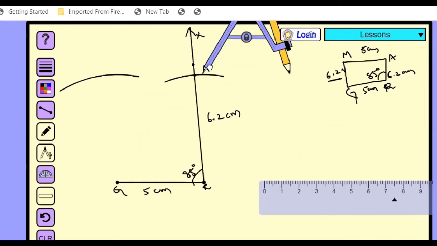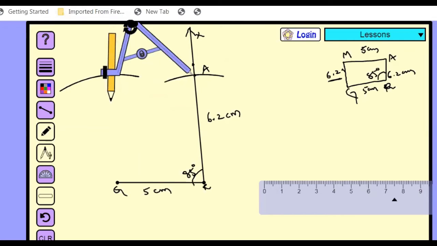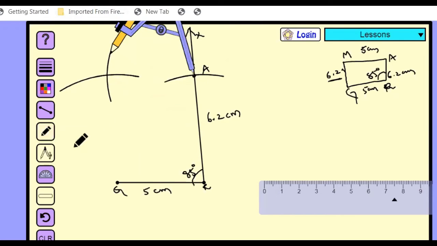Now with A as the center, draw another arc which cuts the previous arc at point M. Now join AM and GM to get the required parallelogram. Now label M to A 5 centimeters and G to M 6.2 centimeters. So it is the required parallelogram.